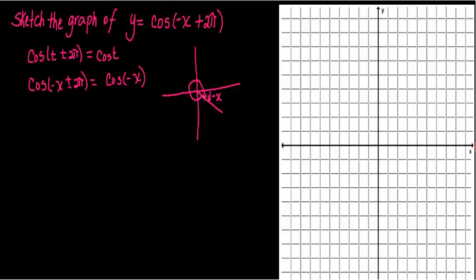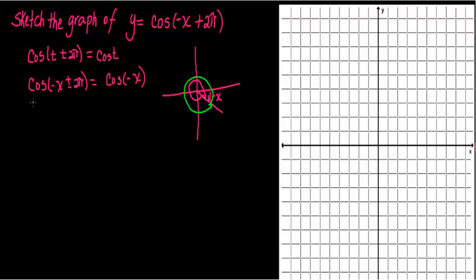And if I go around the other way, from here all the way around 360, I end up where I started. So plus or minus 2 pi doesn't matter here. Going around either way will get me back to that angle of negative x. So this is equal to cosine of negative x.